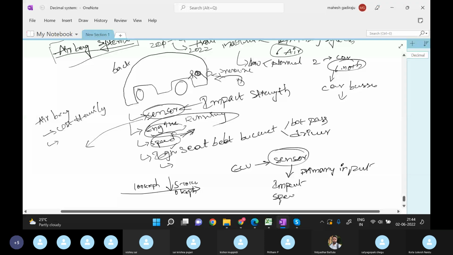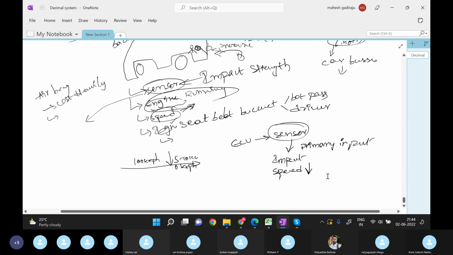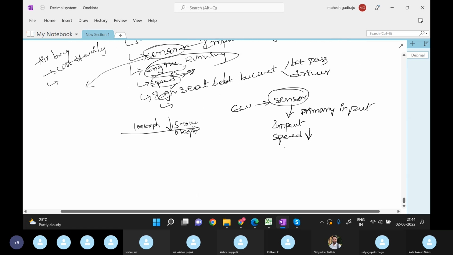The speed also gradually came down, then it knows that it has to open the airbag. Correct? Impact is there, speed also gradually came down. The ECU knows that it has to open the airbag. Correct? You're correct.